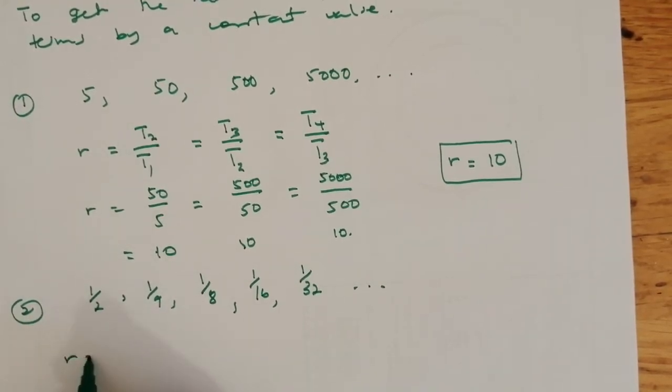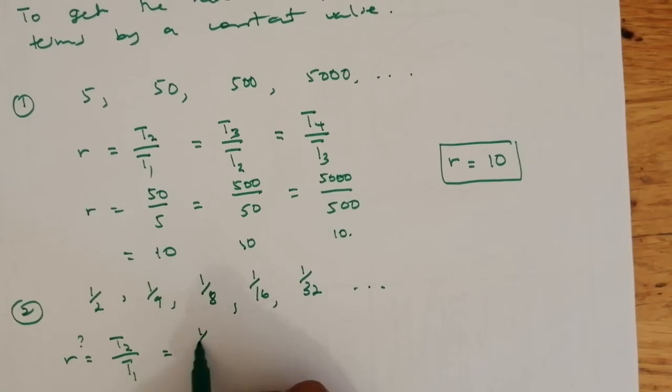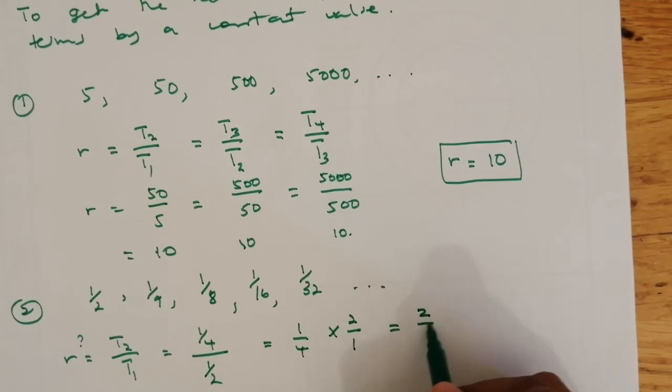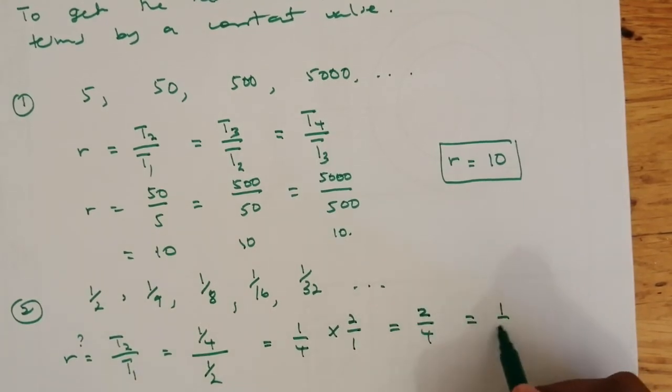So we have to test for R. All right. T2 divided by T1. T2 is 1 over 4. 1 over 4 divided by 1 over 2. So let's just check here what this value will be. 1 over 4 multiplied by 2 divided by 1. This is 2 divided by 4. If you simplify it, it's going to be 1 over 2, right?